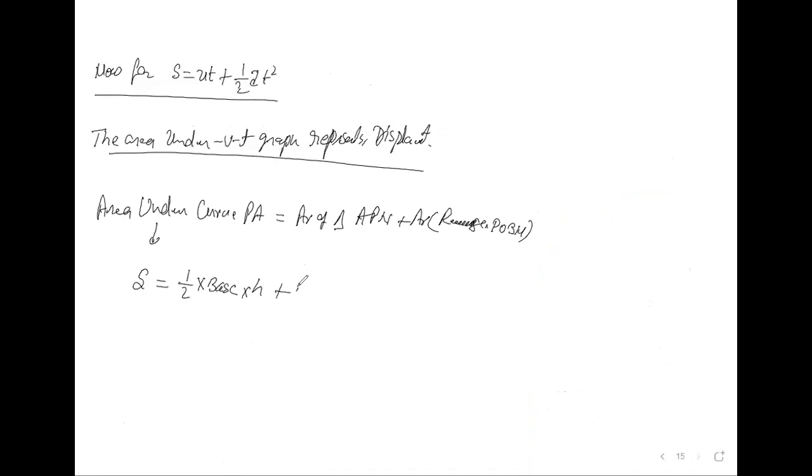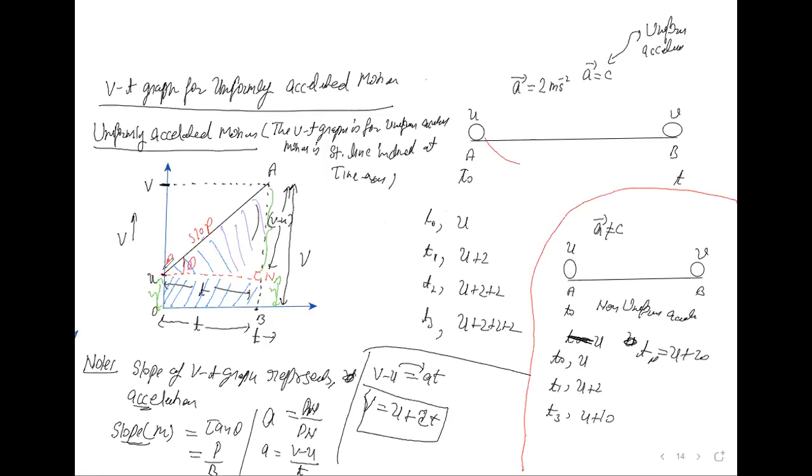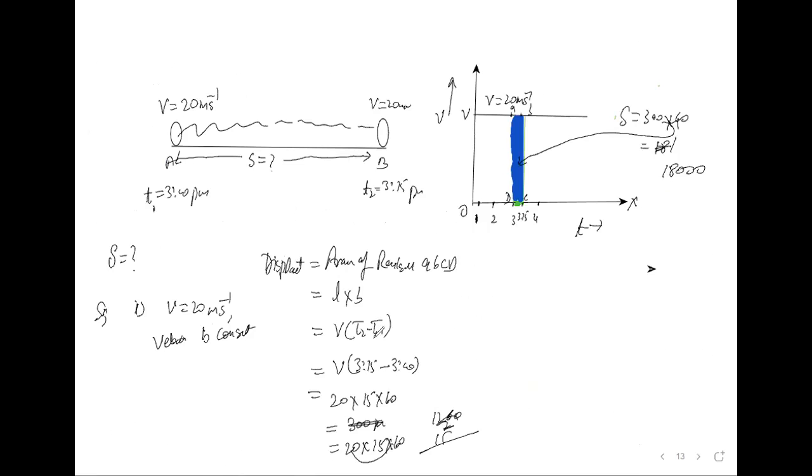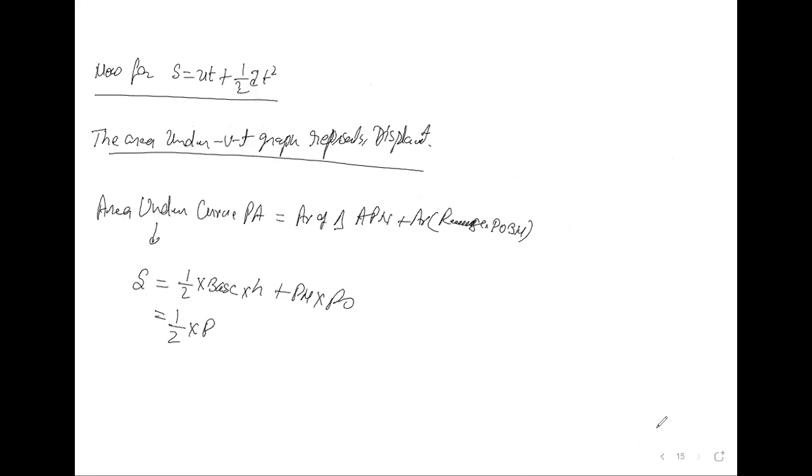The base of the triangle is PN and the height is AN: half PN into AN plus PN into PO. Put the values from the same graph.